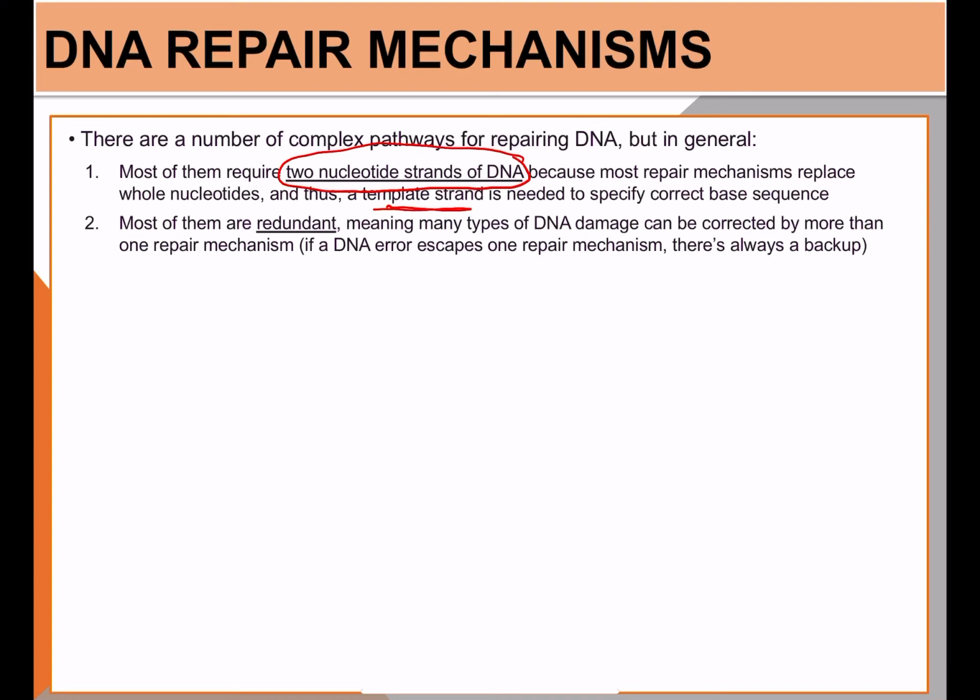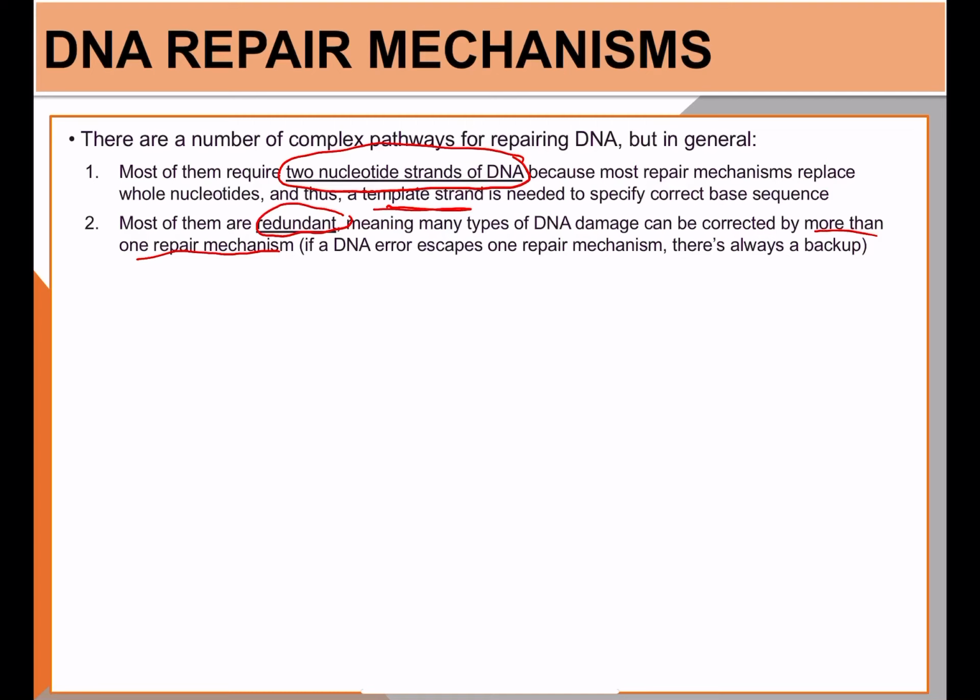Okay? The second thing is most of these repair mechanisms are redundant, which means many different types of DNA damage can be corrected by more than one repair mechanism. Okay, this is sort of like nature's way of protecting us.